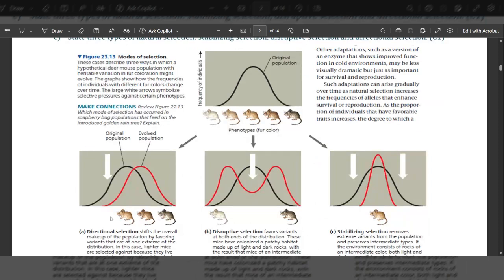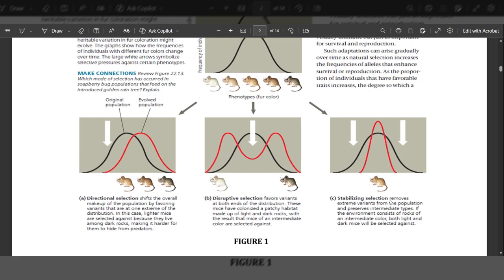If the phenotype which is able to survive and reproduce to pass down the characteristic to the next generation is in one direction, or one extreme phenotype, it is called directional selection. If it is for both extreme phenotypes, it will be disruptive selection, while if the favorable phenotype is the intermediate phenotype, then it will be stabilizing selection.